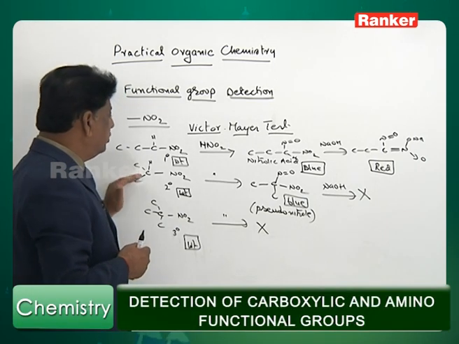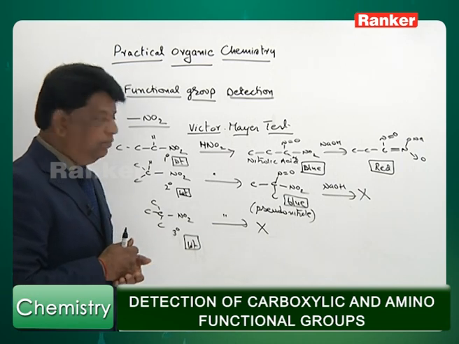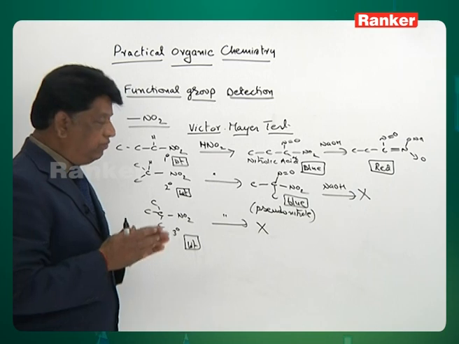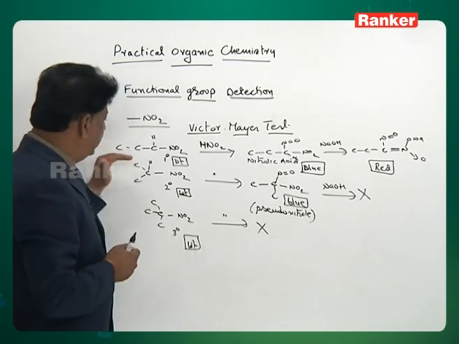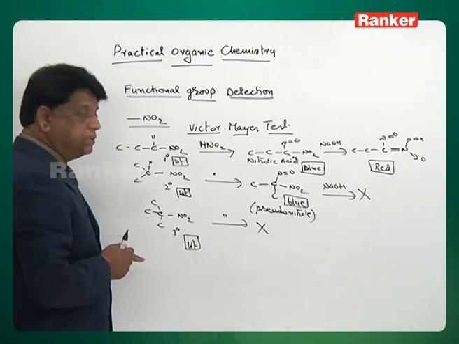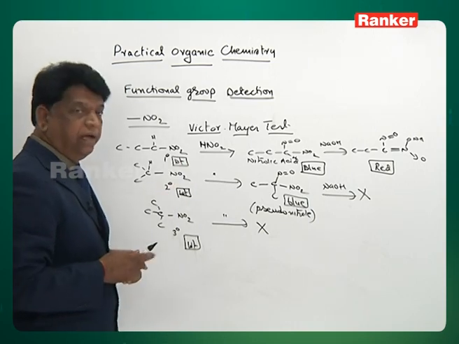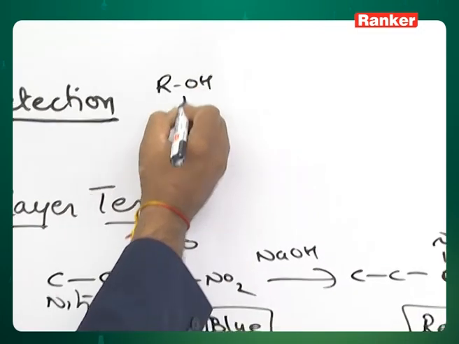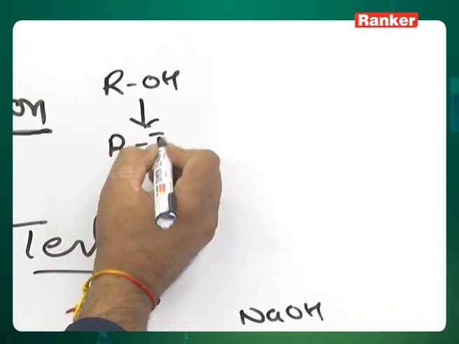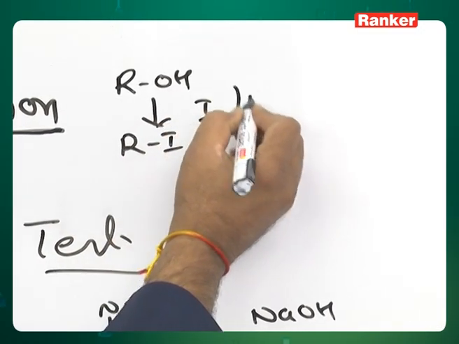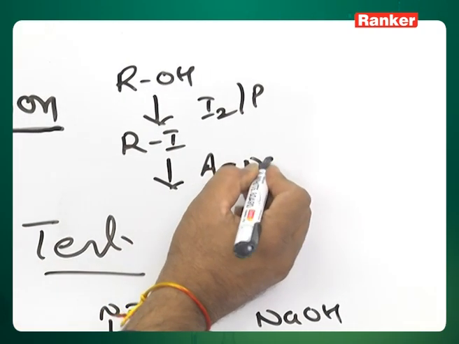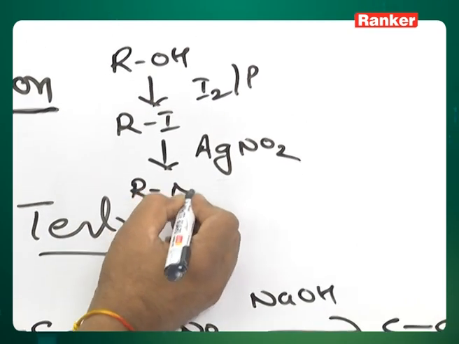So nitro compounds can be tested with the Victor-Meyer test, or the Victor-Meyer test can be extended to differentiate them. In fact, even 1 degree, 2 degree alcohols can be tested with Victor-Meyer. First of all, alcohol is converted into the alkyl iodide by adding iodine and phosphorus. Then the alkyl iodide, by adding AgNO2, is converted to RNO2.